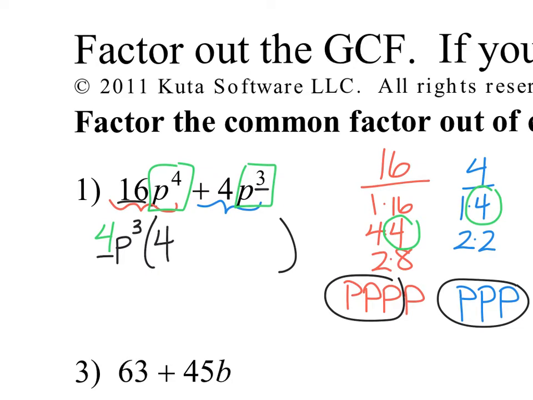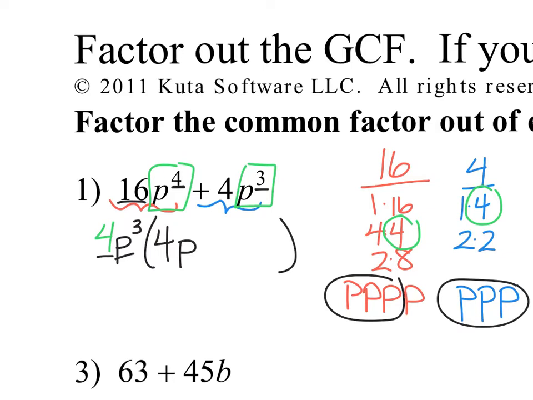That would be 4 times 4. P to the 3rd would be 1 short of P to the 4th, so we need a P here. When I distribute, 4 times 4 is 16, and P^3 times P^1 is P^4.